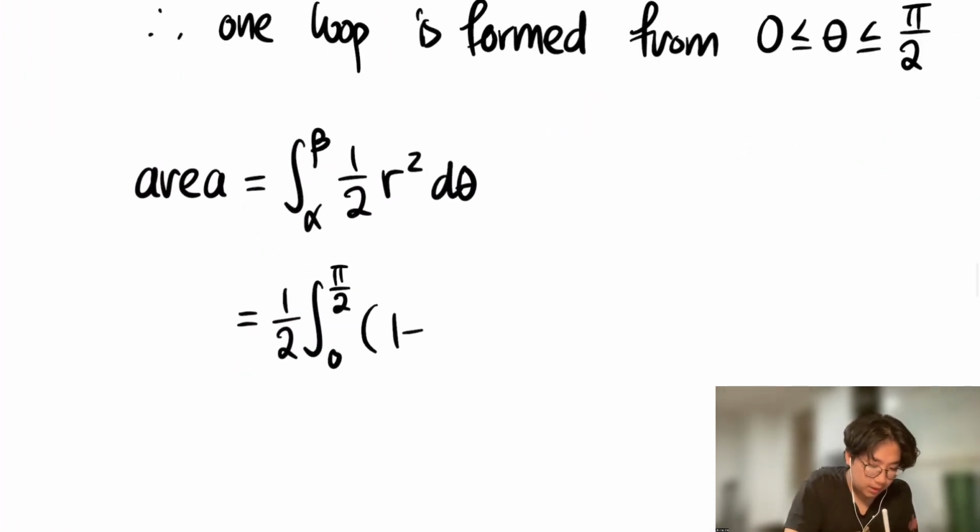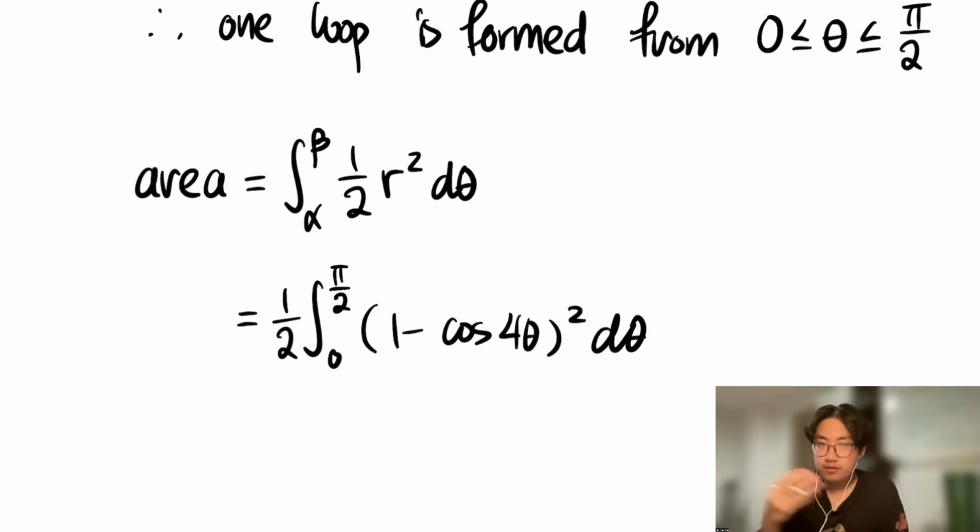So we have 1 minus cos of 4 theta squared d theta. In this case, I'll drop the bracket. And then from here, it's a process of manipulation. And there's one small trick in between that you really should know. It's really commonly used, and it'll come up quite frequently.